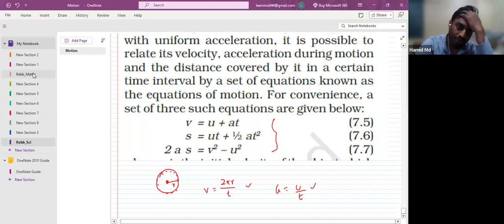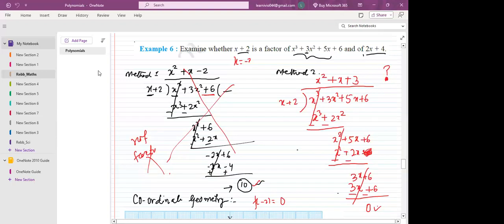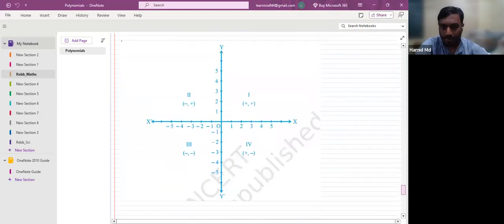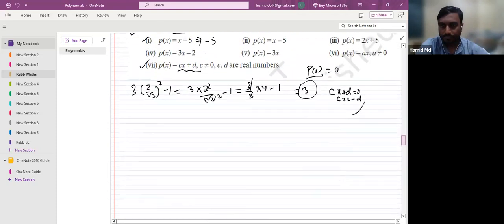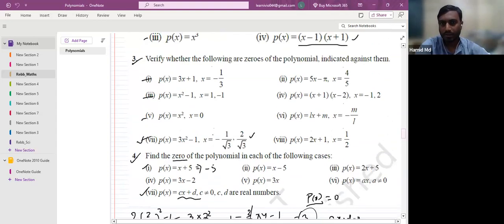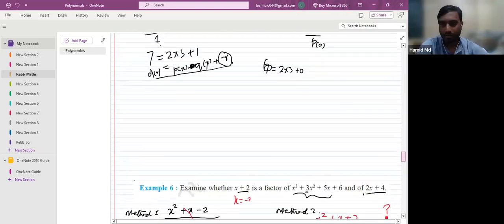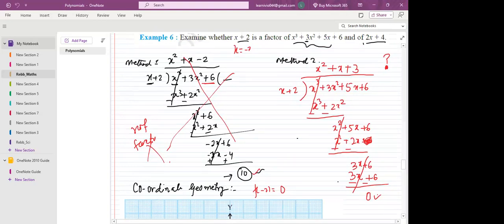I'm getting confused about how to find the quotient. Give me a second. These questions were easy, only this is a nightmare, right? Yeah, it's a bit hard.